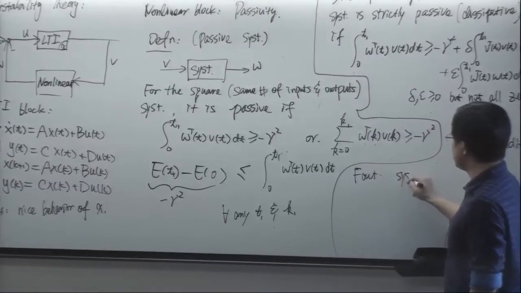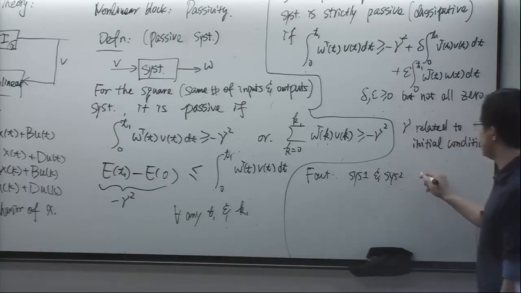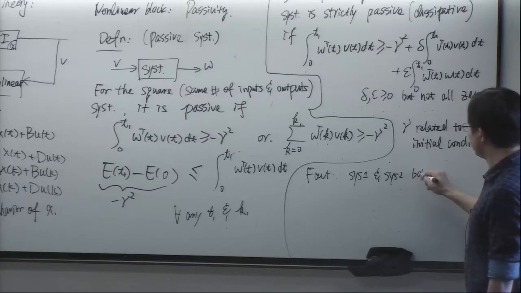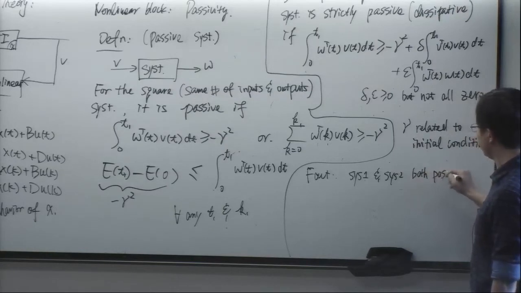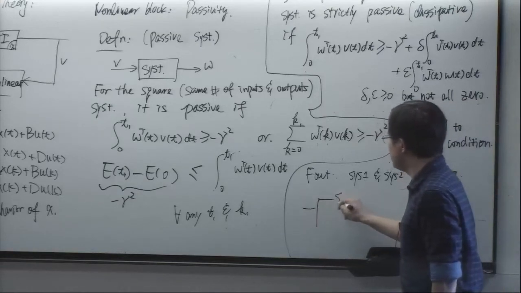Let's say two systems, 1 and 2, are both passive. Talk about interconnections now.